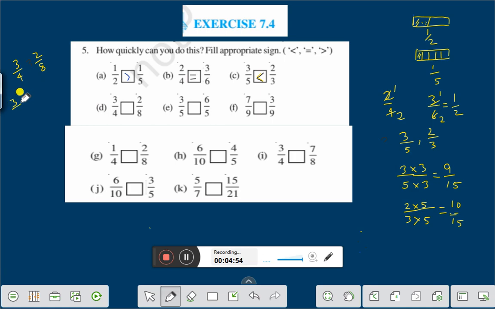Therefore, 3 by 4 can be rewritten with denominator 8. We have to make this denominator 8, so we have to multiply with 2.